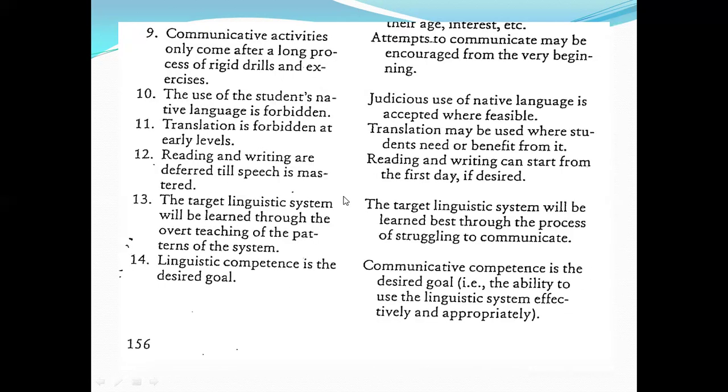Some other differences will be there. Attempts to communicate may be encouraged from the very beginning. Judicious use of native language: in audiolingualism and the direct method, first language will not be used. But in case of CLT, judicious use of native language is accepted where feasible. Reading and writing can start from the very first day.